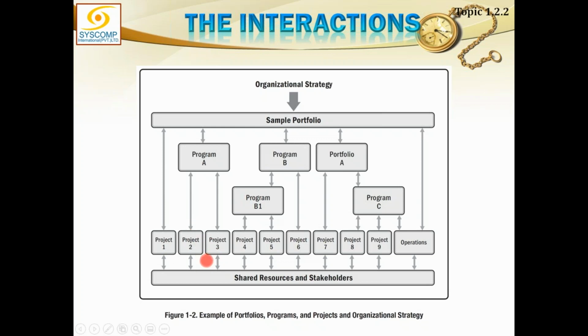So these 2 projects are answerable to the program, although you may say that they are included in the portfolio, for all practical purposes, all decisions about these 2 projects are to be taken at program A level. So projects 2 and 3 will get their prioritization, their resources, and all their decisions from program A. Program A is their portfolio, program A is their boss, program A is their sponsor.